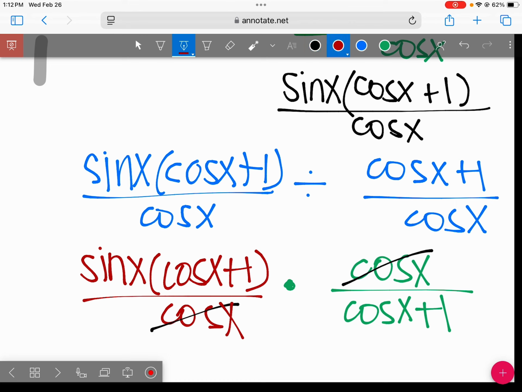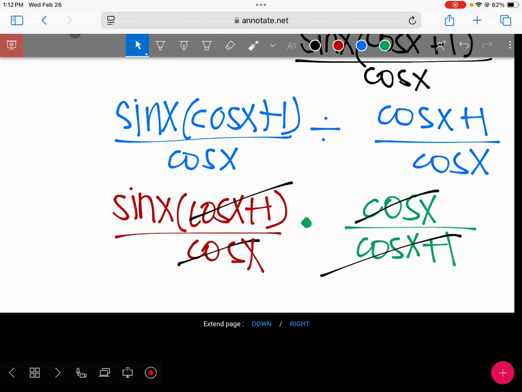The reason we can cancel cos x plus 1 out is because now it's by multiplication, not just addition. Because this is like one whole term here. And this one whole term also appears here. So at the end of the day, you get left with just a sine x.